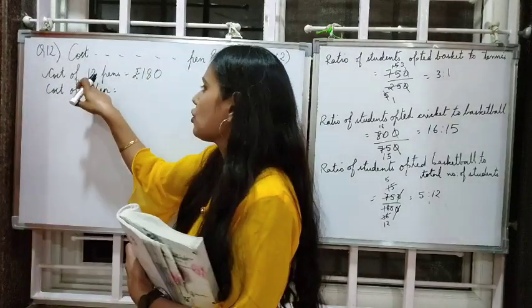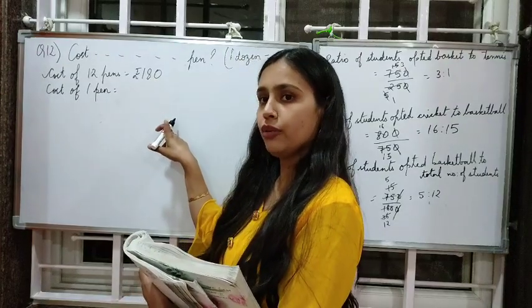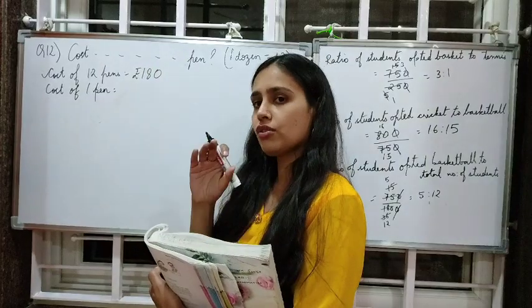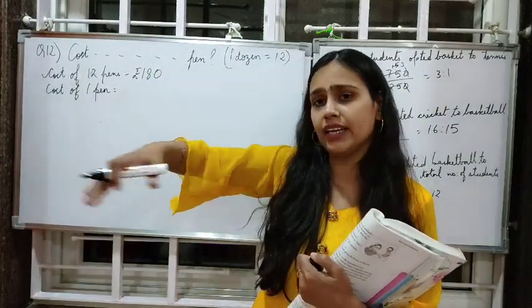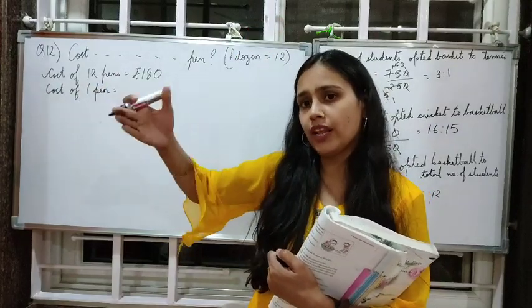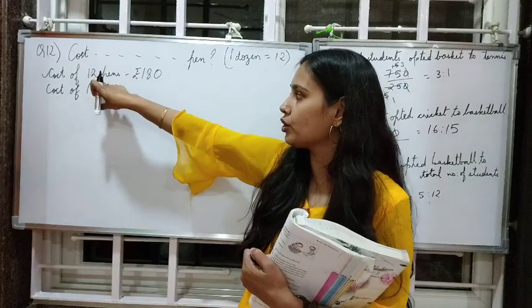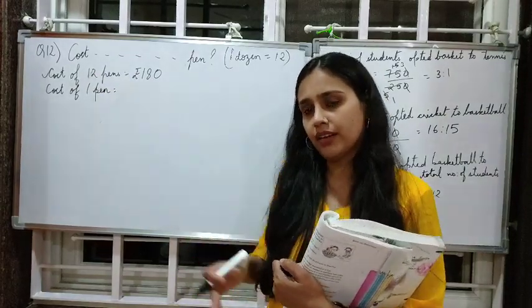The cost of 12 pens is given, the cost of one pen is asked. If the cost of 12 is 180, then what is the cost of one pen? If we cut 180 into 12 parts, we will come to know the cost of one pen. Cutting means dividing.